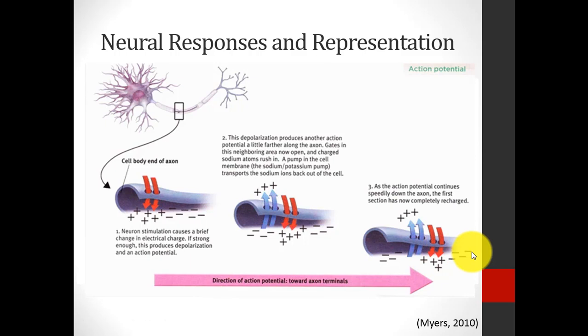And so once you get all the way to the end, you get to the chemical version, where you have the release of neurotransmitters into the synapse, which is the space between neurons, and then depending on the receptor types available, that could send an excitatory or an inhibitory signal.